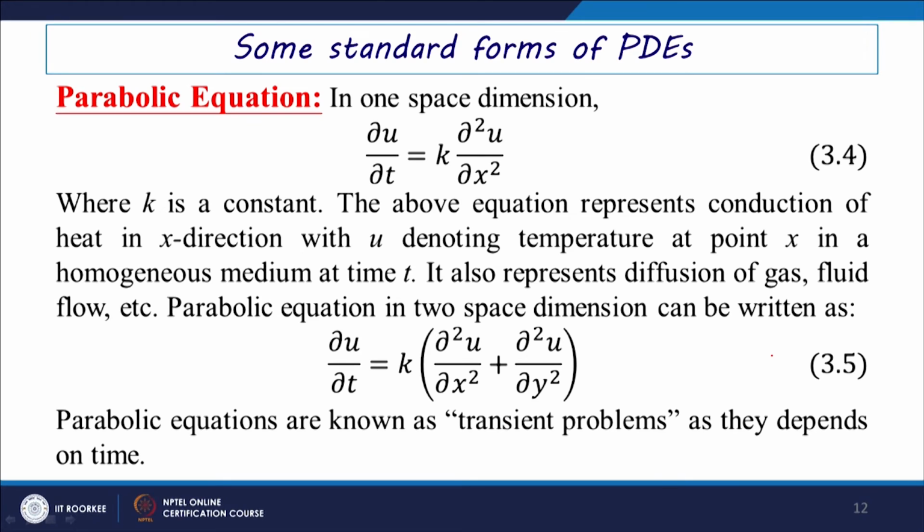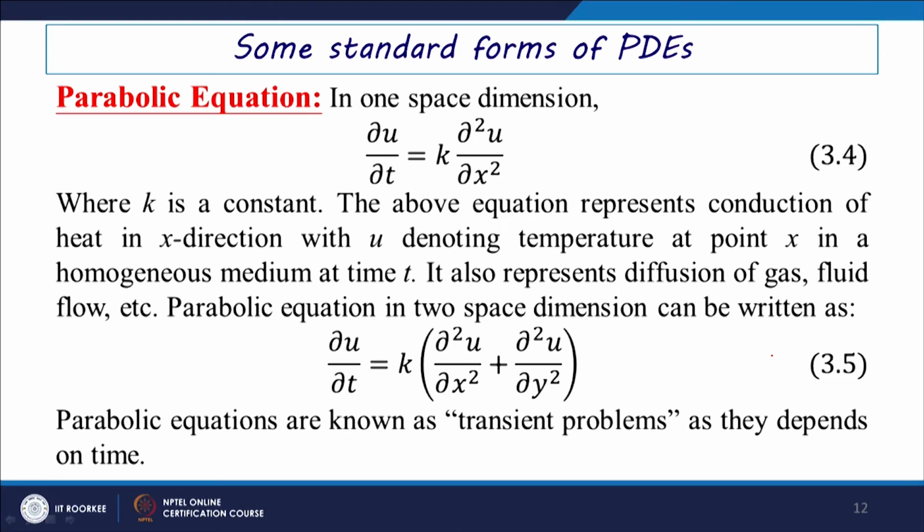Then we will go for some standard forms of partial differential equations. In one space dimension, the heat transfer equation can be written as ∂u/∂t = k ∂²u/∂x², where k is a constant.